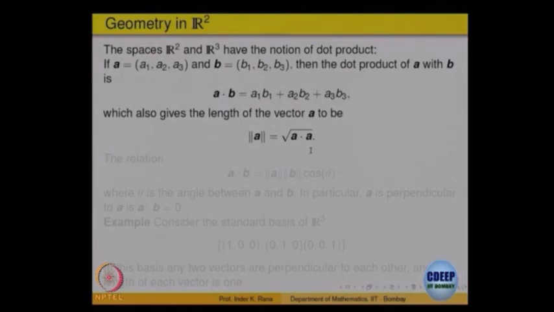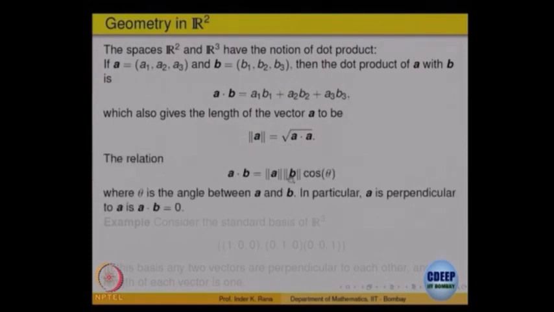Okay, that notion of distance. We define A dot B, that is a function from R3 cross R3, (A, B) goes to A dot B, to scalars, and the magnitude is defined in that way. This also gives the notion of angle. So, what is the notion of angle? A dot B is magnitude of A, magnitude of B into cos of the angle between them, theta.